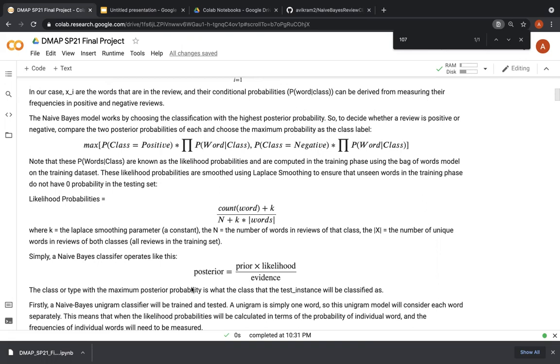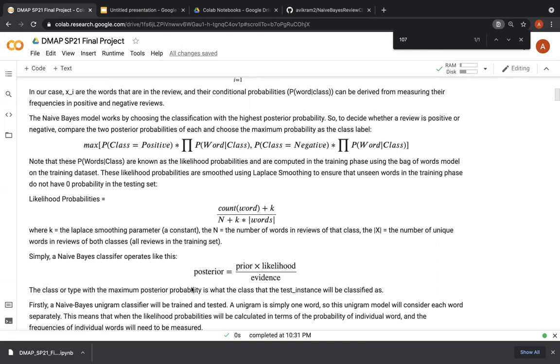A zero probability means that it has no chance of appearing, which is not true, right? A never before seen word has a small probability of occurring. So we add this k, the constant, just to ensure that words unseen in the training phase don't have a zero probability in the testing phase.